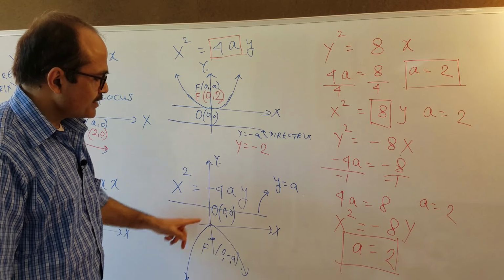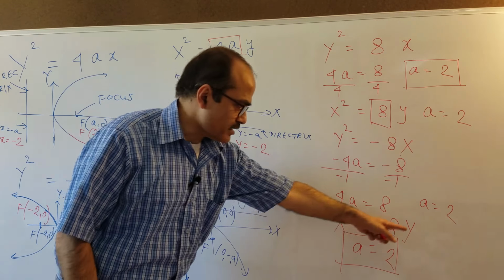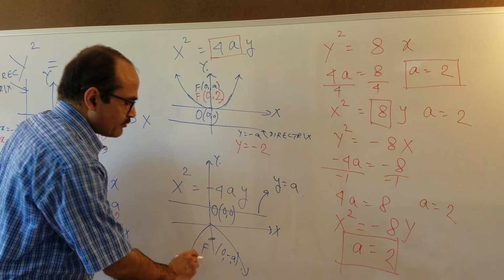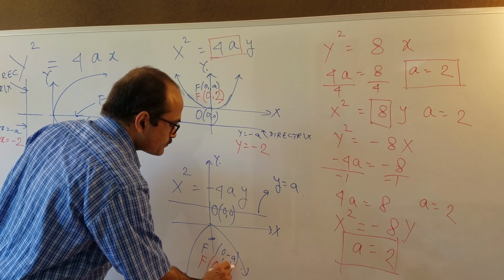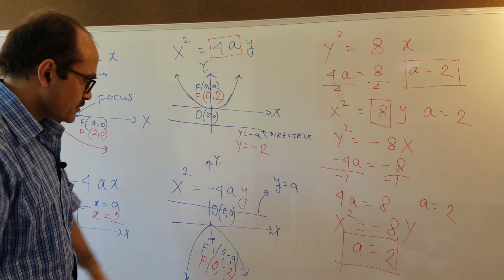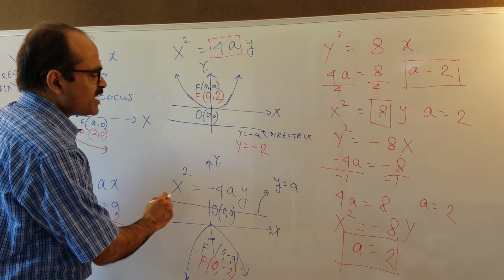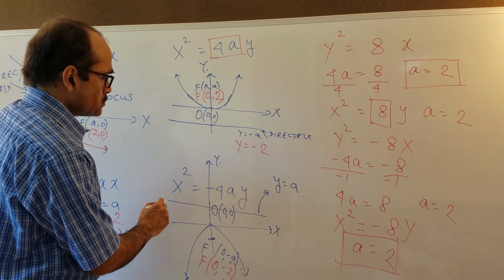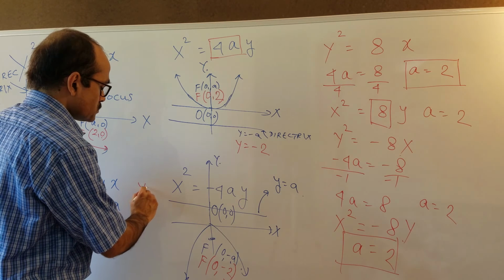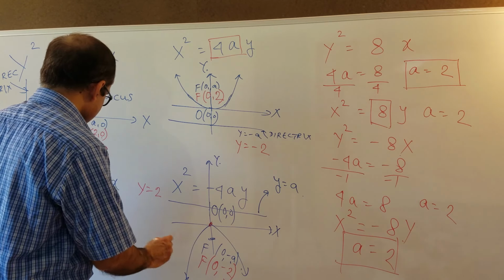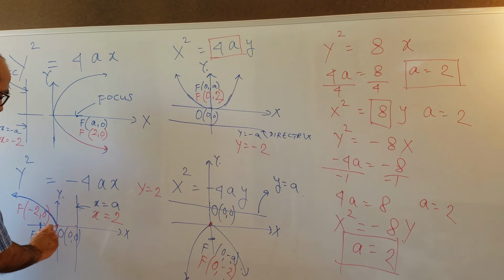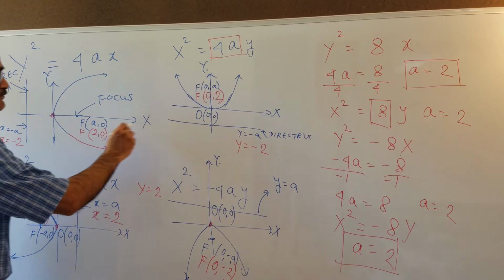So, this is the shape of this equation and the focus is 0, minus 2 and the directrix is y equal to 2 and the vertex in all 4 cases the vertex is at the origin.